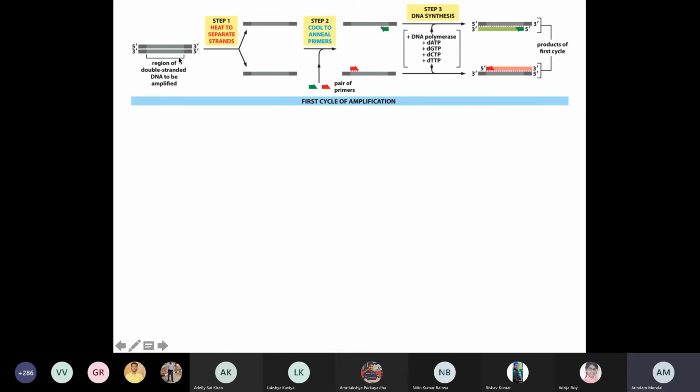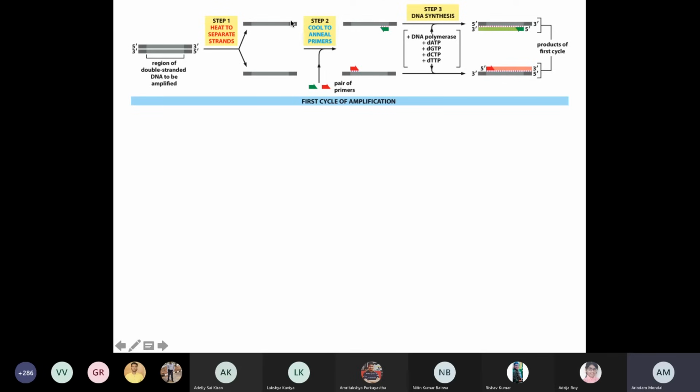So the first step would be to heat the double-stranded DNA at 98 degrees centigrade, or 95 degrees centigrade, so that you can separate the two DNA strands from each other. Okay. Subsequently, you have already added a pair of primers which can anneal here and here, but they will not be able to anneal at such a high temperature, right?